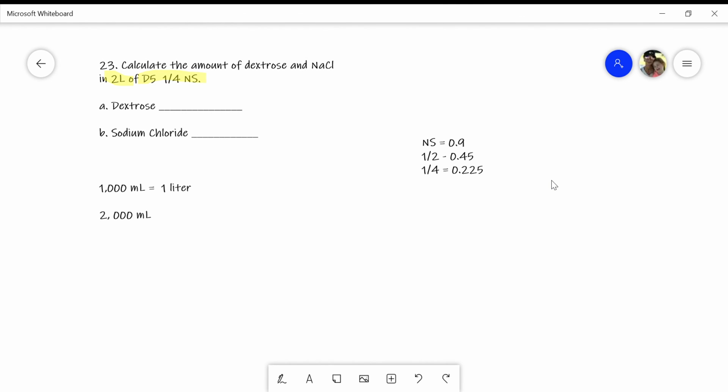So to figure out our dextrose, and dextrose is another one of those constants, for regular dextrose you're going to have 5 grams in 100 milliliters.